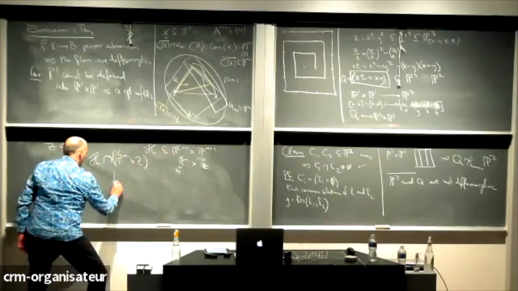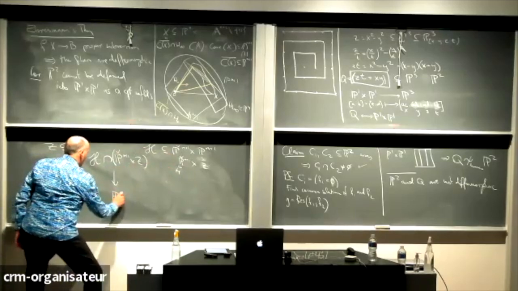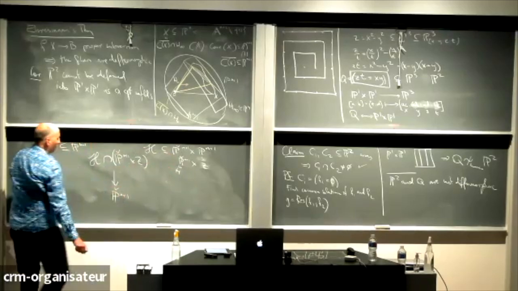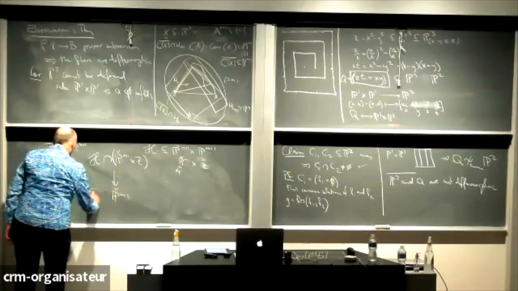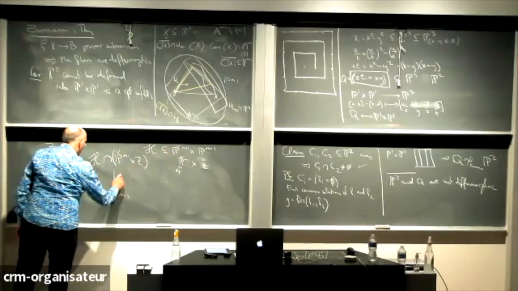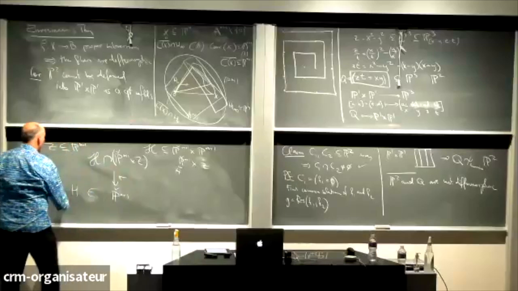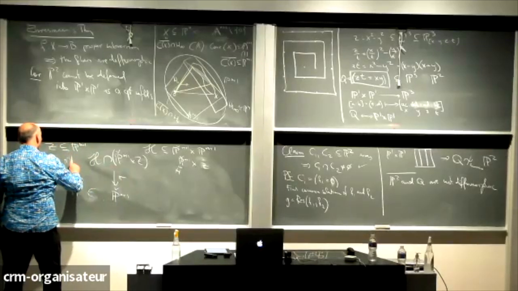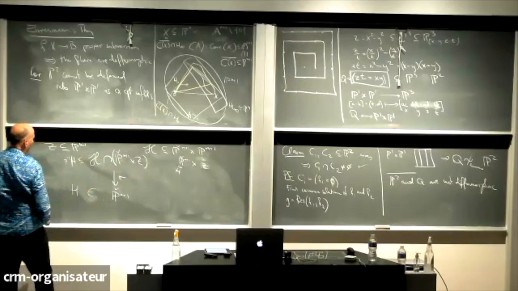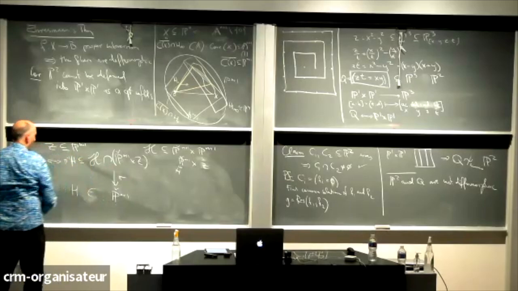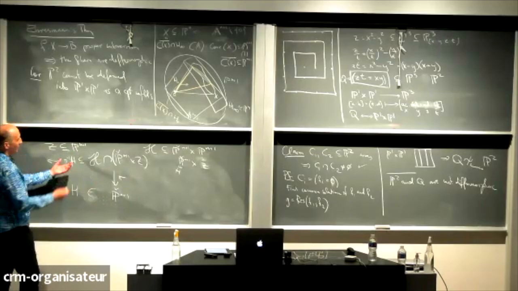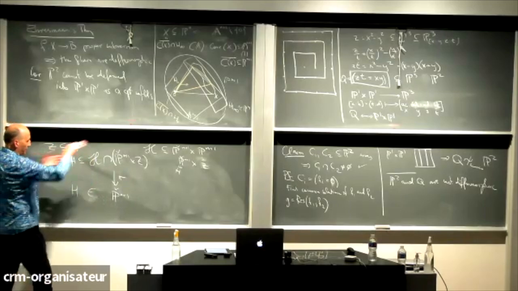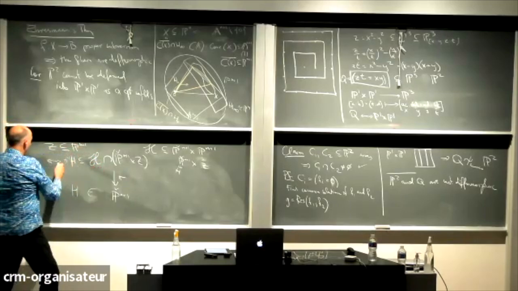If I think of this fibered over Pm plus 1 dual, and I pick H, let's say this fibration is pi, then pi inverse of H in here, I can think of this. So if you want, you can just project this onto Pm plus 1.